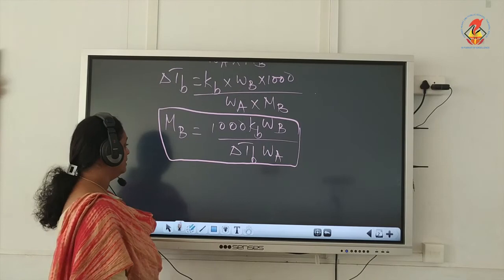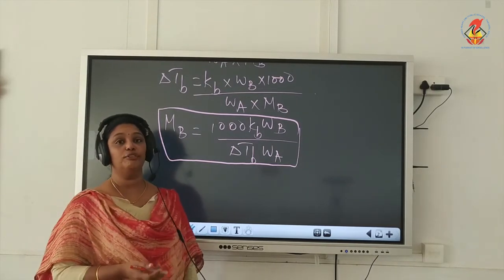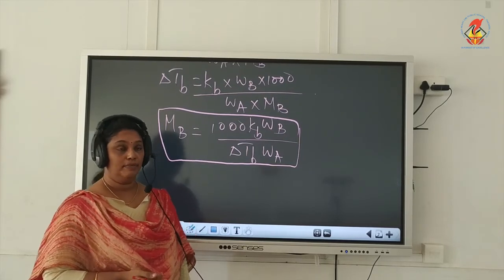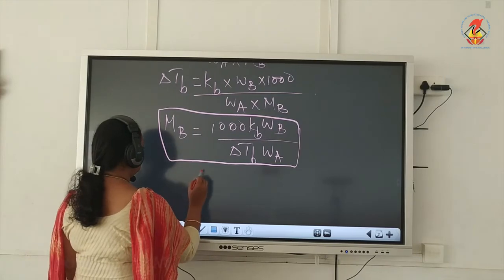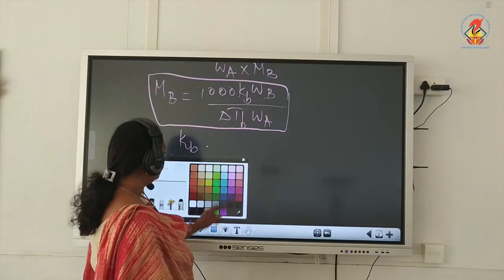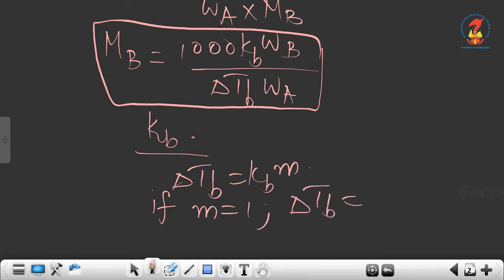Now we are going to get a definition for molal elevation constant, Kb. From the expression, we know that delta TB is equal to Kb into small m. Now, if molality is equal to 1, then delta TB will be equal to Kb.